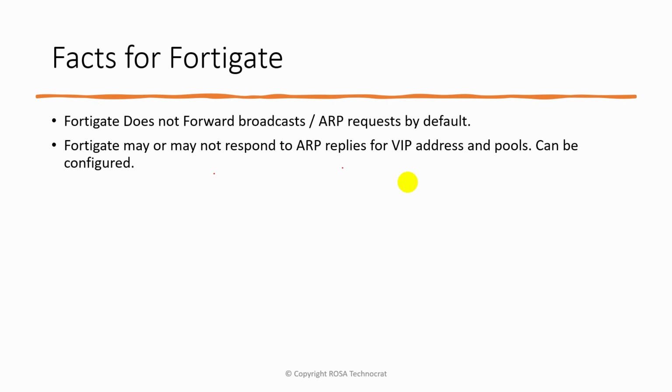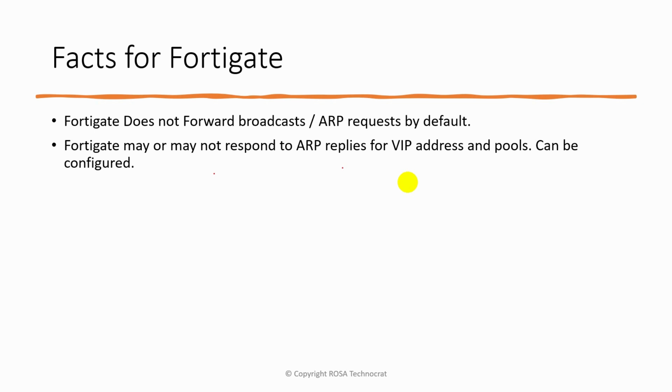That is the default behavior of the device. But based on the requirement and use cases, if you need to forward it, on the Fortigate you can enable forwarding the broadcast on an interface. That can also be done. I will be talking about how to enable that further in my video. Then the second is Fortigate may or may not respond to ARP requests for VIP addresses and pools.